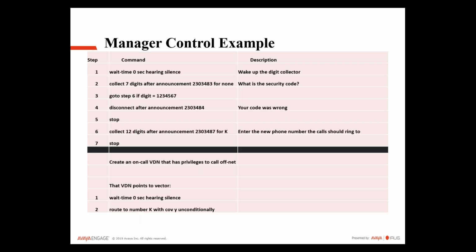So the manager can then set the values for whatever they want, right? So we're going to collect 7 digits after the announcement, which again is the security code. If they get it wrong, I'm just going to hang up. And then I'm going to allow them to put in the 12 digits for K. And K is going to be the number that the call routes to. I didn't give them a backup to play back the phone number that they put in.